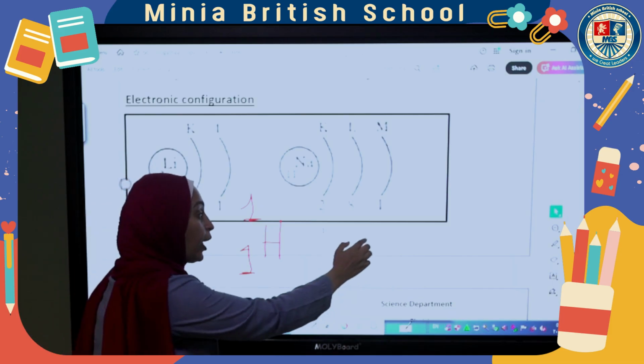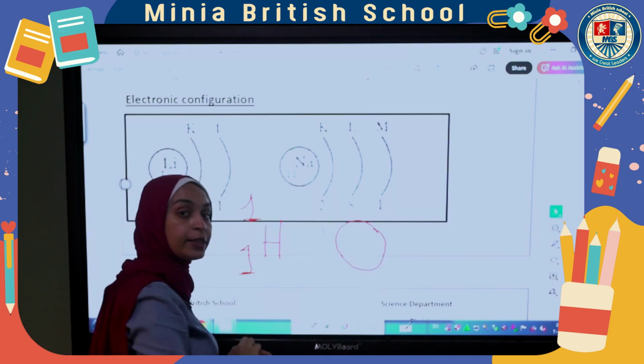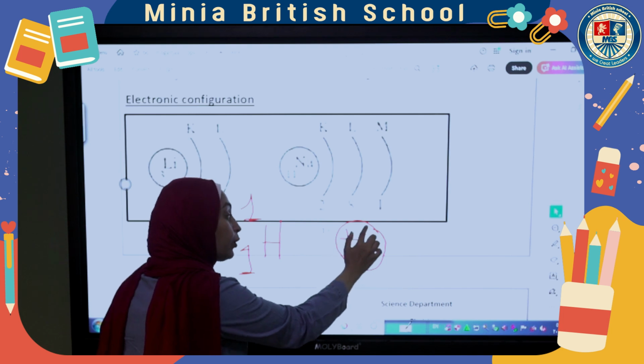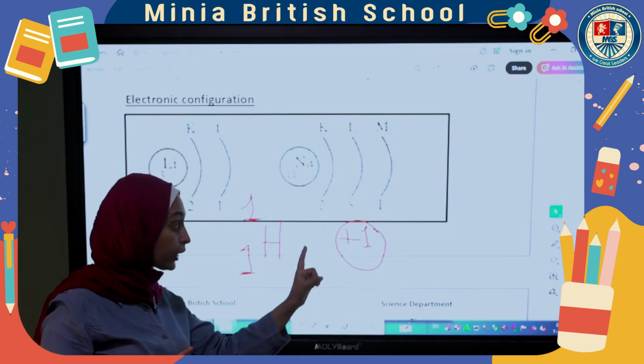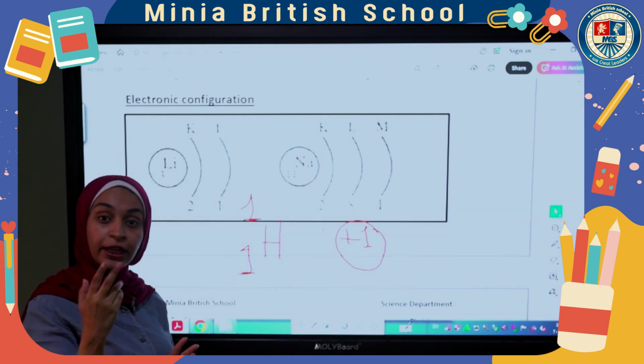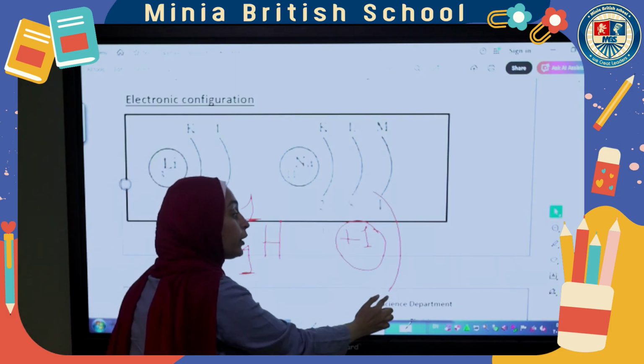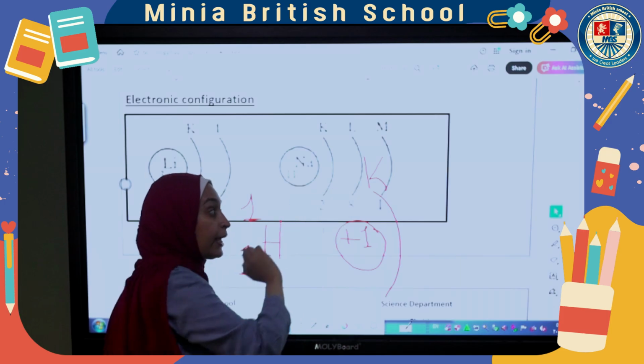At first, I have to draw the nucleus, and inside the nucleus I write the atomic number, which is 1, and don't forget its charge. The second step, I will draw the energy level. The first energy level that I have is K.